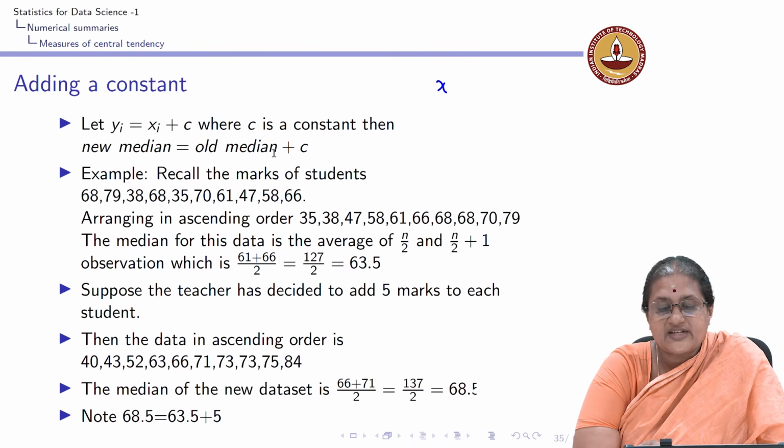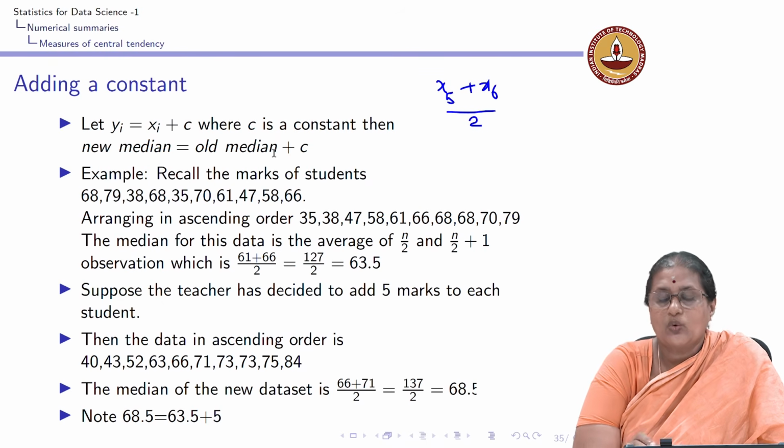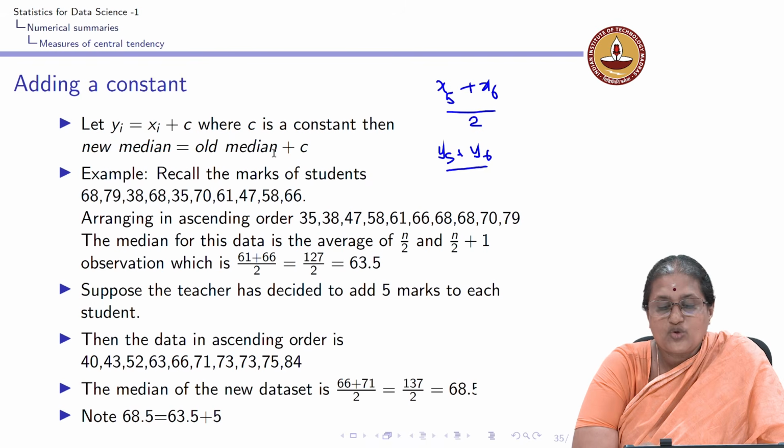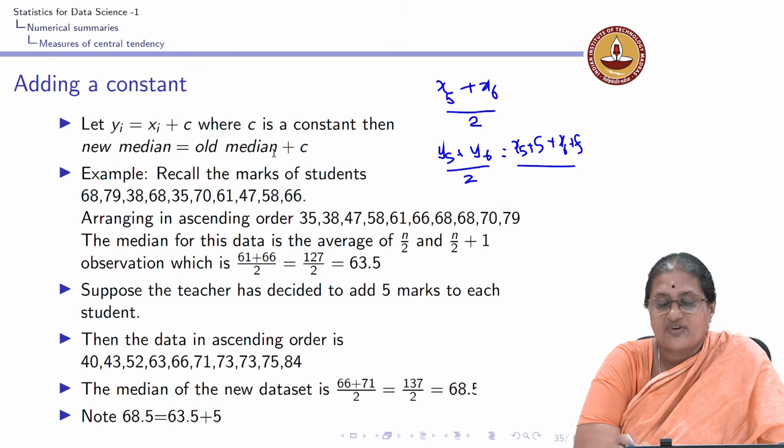Here x5 plus x6 by 2 was my old median. Y5 plus y6 by 2 is my new median. But y5 is x5 plus my constant, and y6 is x6 plus my constant, which is 5.